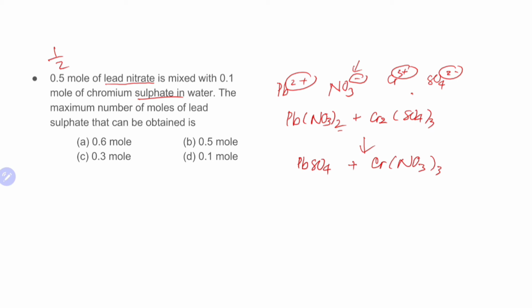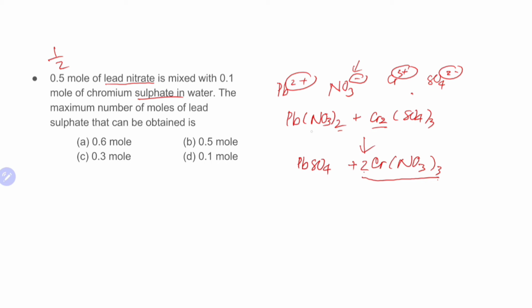Then after that we balance the equation. We have 2 Cr here, so this one is times 2, and for nitrate, here we have 2 times 3, 6 nitrate or NO3.